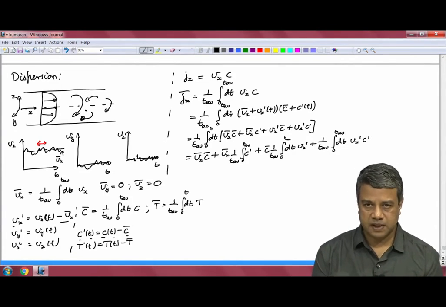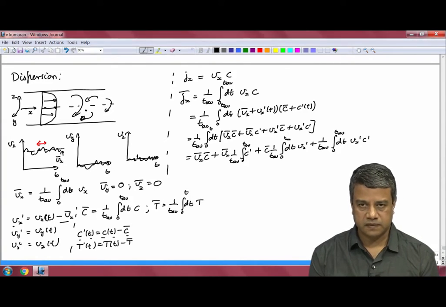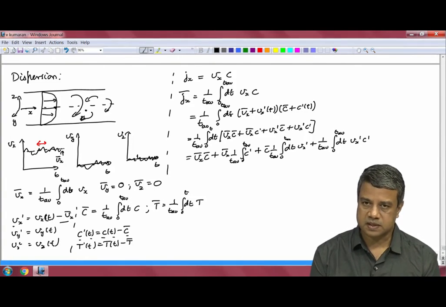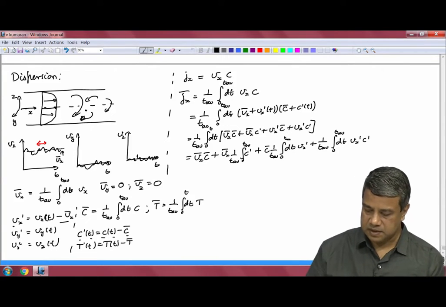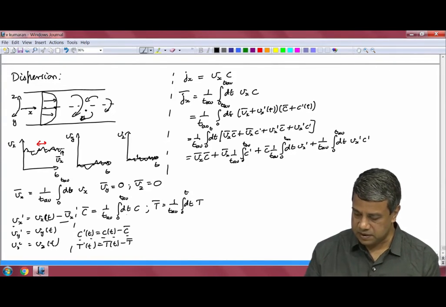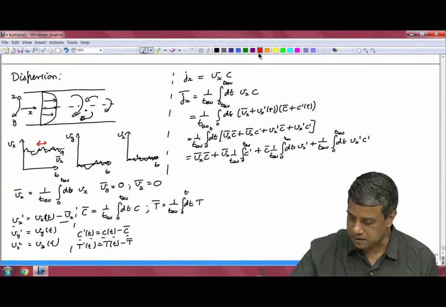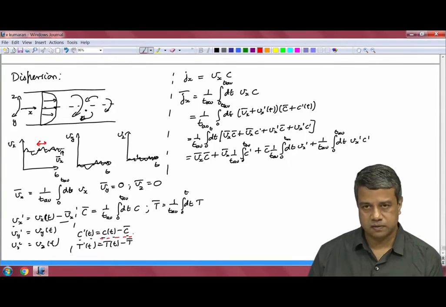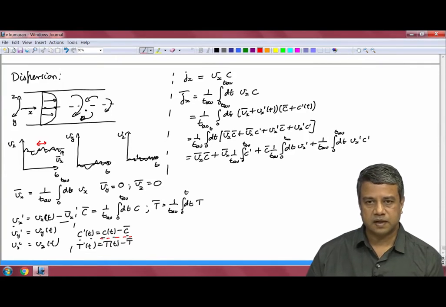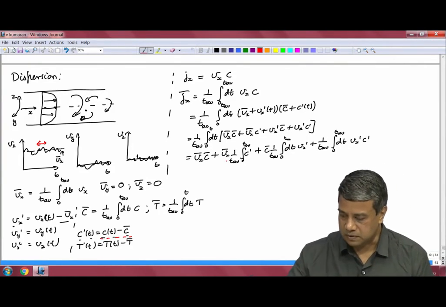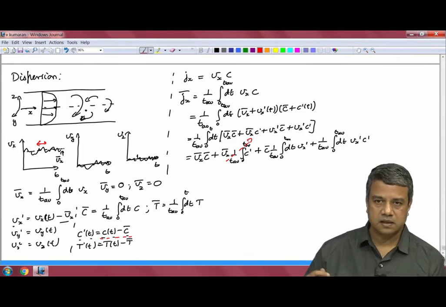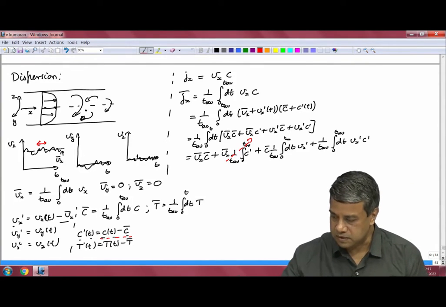The integral of C prime from 0 to T average, times 1 over T average, has to be 0, because that is the integral of a fluctuation. You can easily verify this, because the average of C is equal to C bar, so the average of C minus C bar has to be equal to 0. Whenever you have a term that is linear in the fluctuating component, it will average out to 0. So, this is linear in the fluctuating component, it averages out to 0.